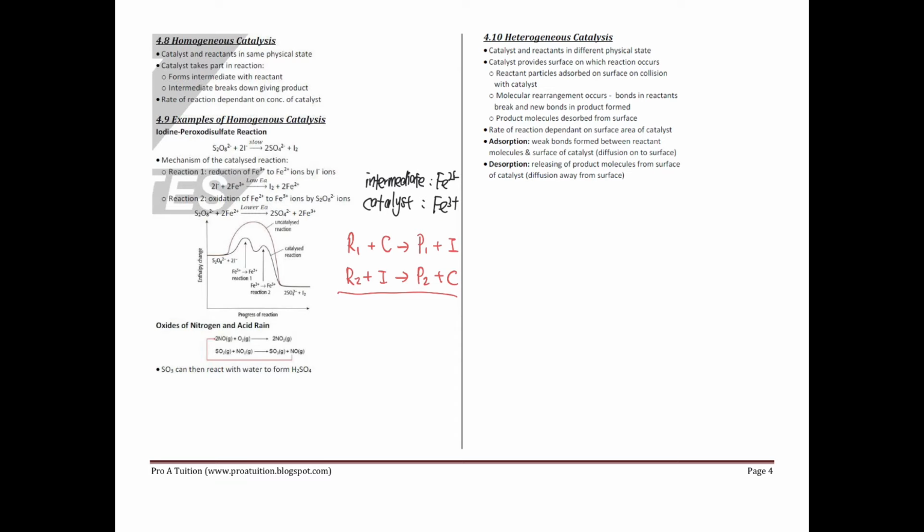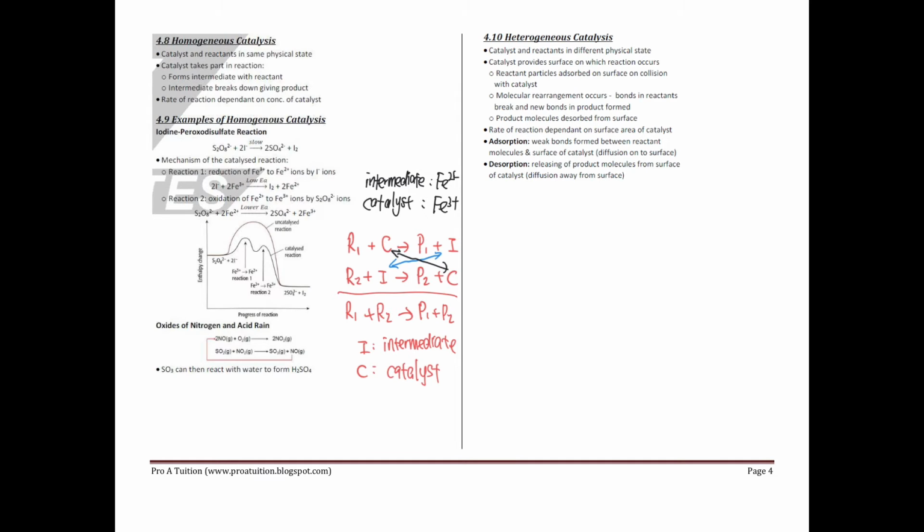Make sure you see the intermediate is here and here, and the catalyst is here and here. When you want to do the overall, you can cut away the catalyst and the intermediate, and we have R1 plus R2 becoming product 1 and product 2. So in general it's like that, where I is the intermediate and C is the catalyst.